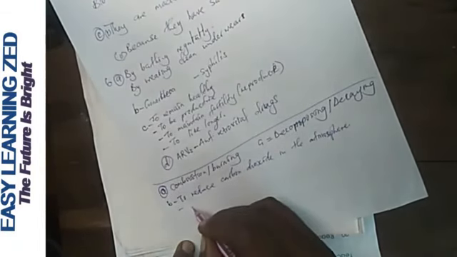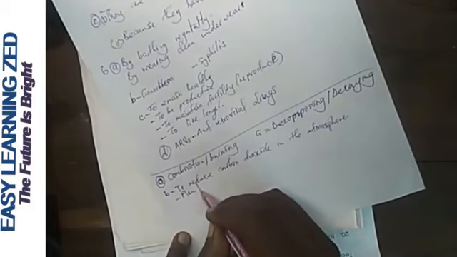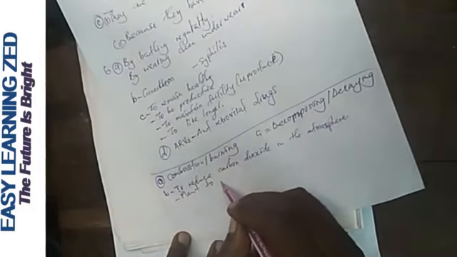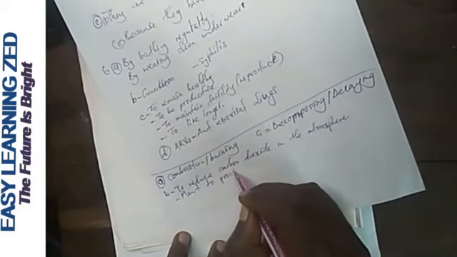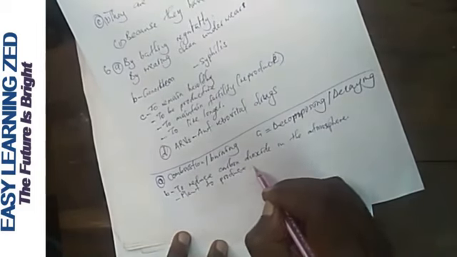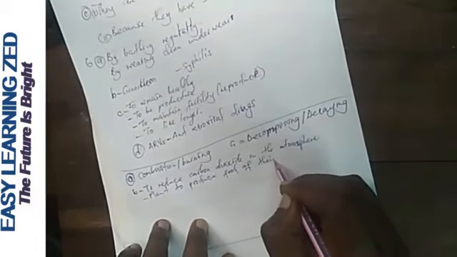And the other one, it helps plants to manufacture food of their own. So that process will help plants to produce food of their own.